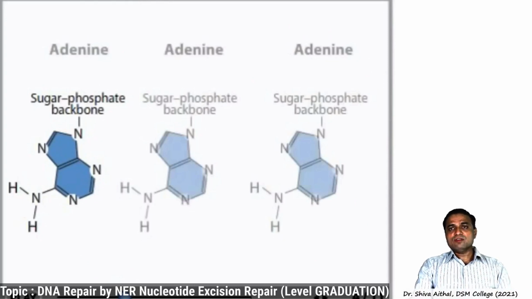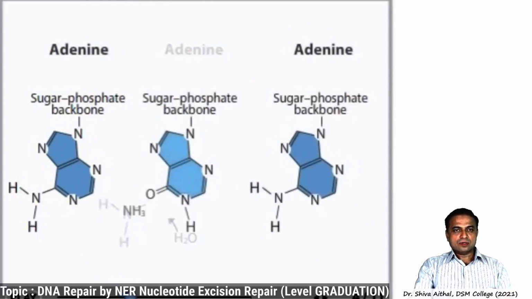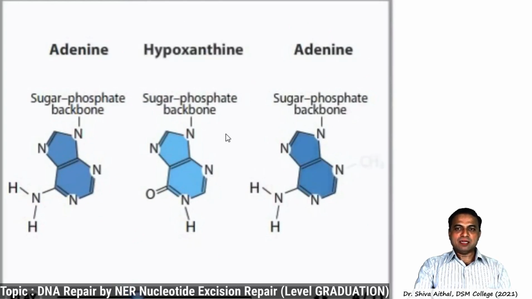Apart from this, a few other types of damage are also repaired by base excision repair. Which are those? For example, in this figure you can see adenine. If this adenine becomes deaminated, it forms an unnatural base called hypoxanthine, and a mutagen can also damage adenine by alkylating it and converting it into 3-methyladenine.